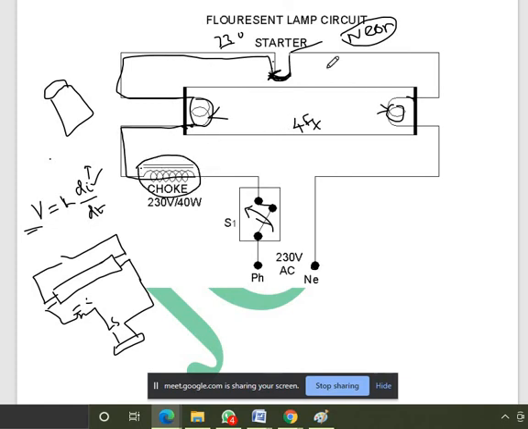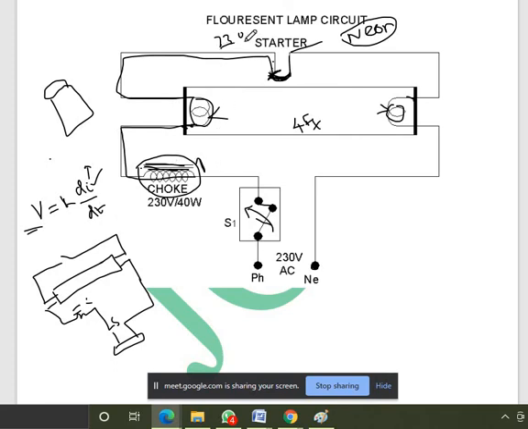Without current flowing, at the circuit closing time, there is no voltage drop. Whenever the current is flowing through the circuit, voltage will be dropped in the choke, because it has some inductance and resistance, so it will reduce the voltage.